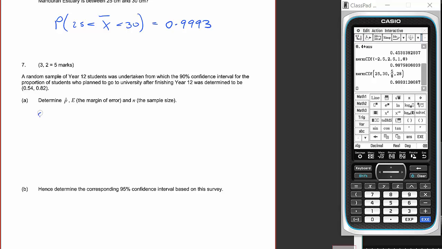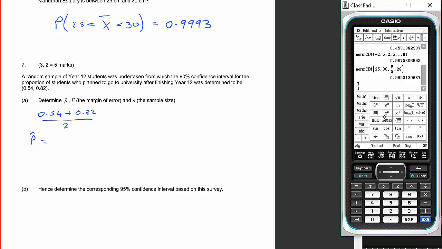So what we need to do is simply average 0.54 and 0.82, divide that by 2, and that gives us that P hat is 0.68.